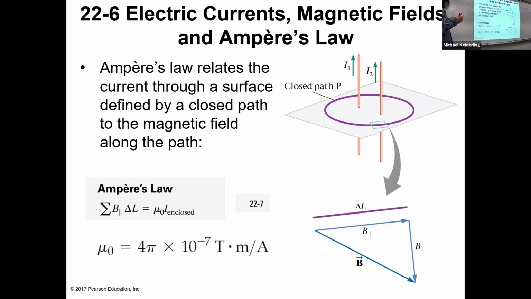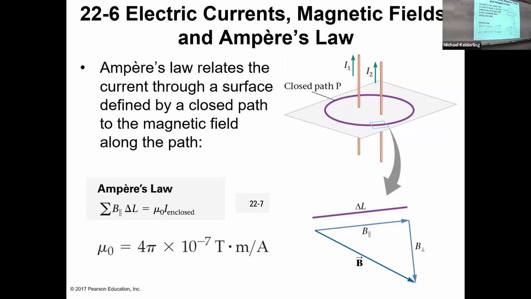Ampere's law says if you take the path integral of the magnetic field dotted with ds as you take a path around, so the parallel magnetic field summed up for each little segment of length, that will equal mu naught times I enclosed.